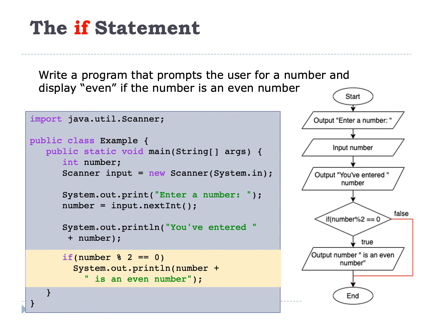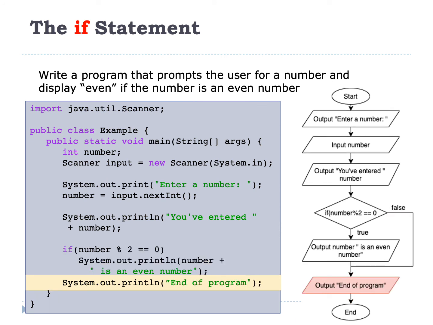When I said that I have the false arrow point to the arrow after the true statement, which is the output number is an even number, what I meant by that is, let us modify this code first. Say that regardless of the condition of the if, whether it's true or false, we want to display the sentence end of program.